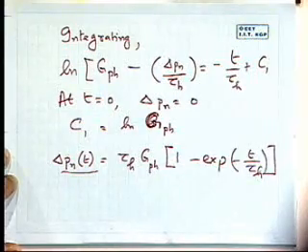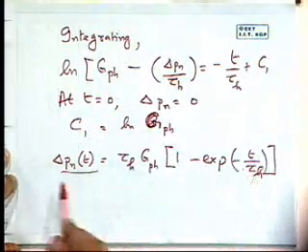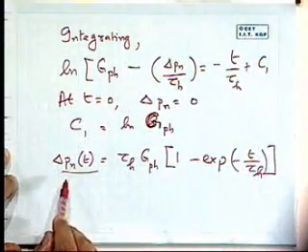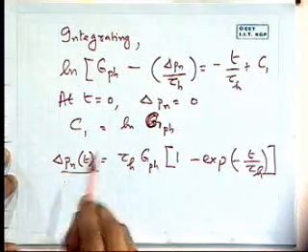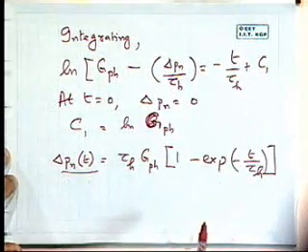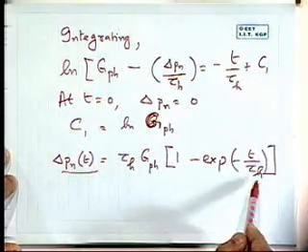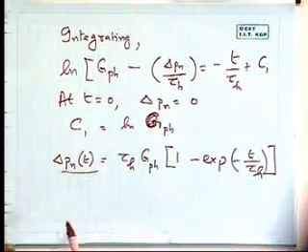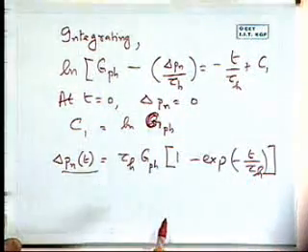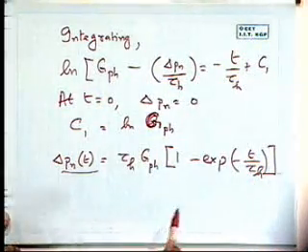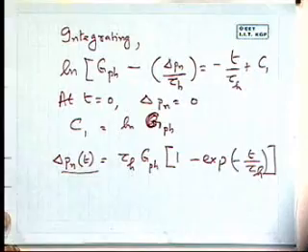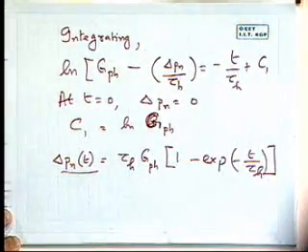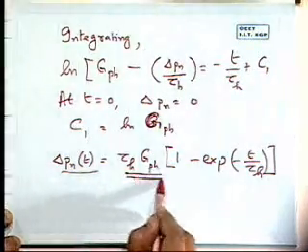Now, because we have it in terms of time, I express it as delta Pn as a function of time. Looking at this, we can say that the minority carrier concentration is going to increase exponentially with time, with a time constant equal to tau h. That's the implication of this equation. And at very large t, when t is much, much greater than tau h, we end up with some constant value.